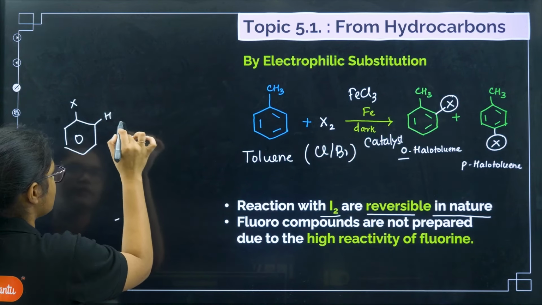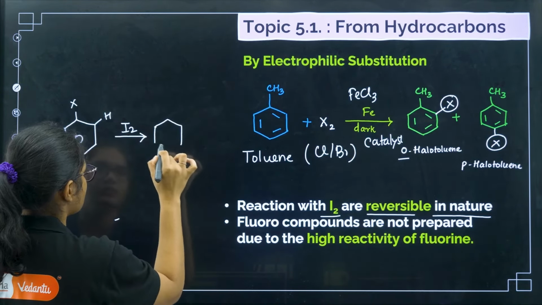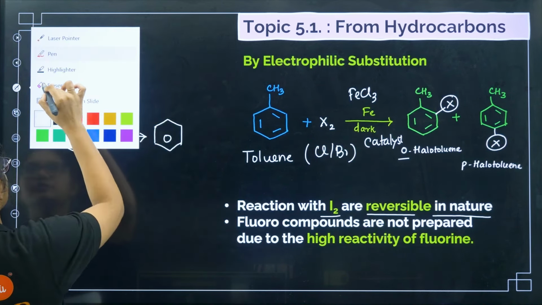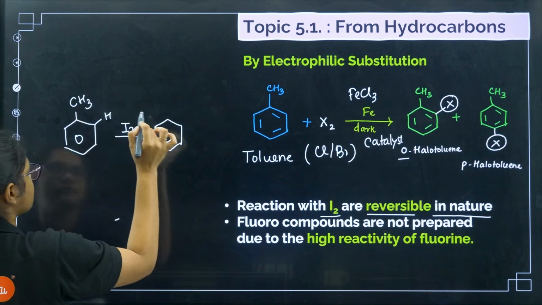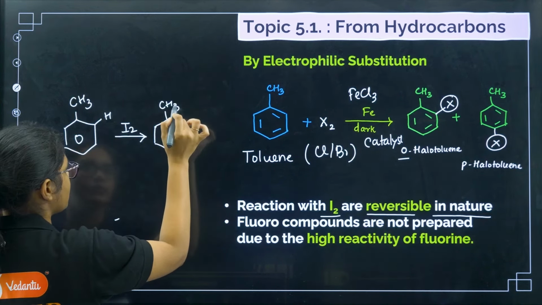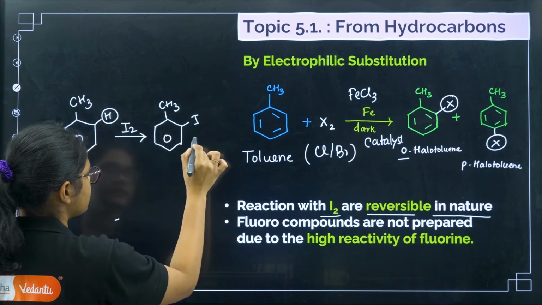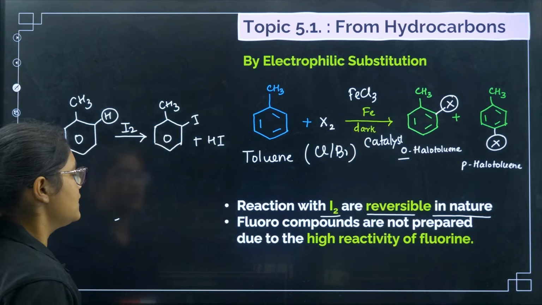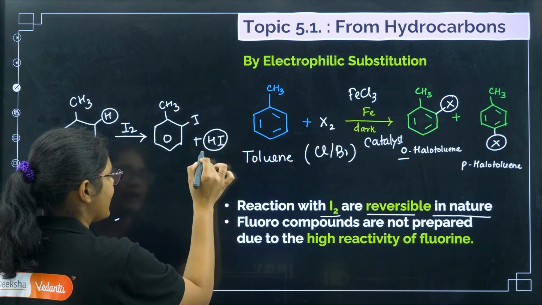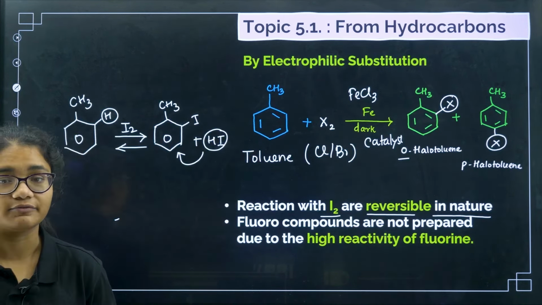Now if we treat it with I2, what will I get? Here it will be CH3 and here there will be I, and this H will come out and react with another I to give HI. Now this HI reacts again with this one to give you the starting compound. So this is what is called reversible in nature.